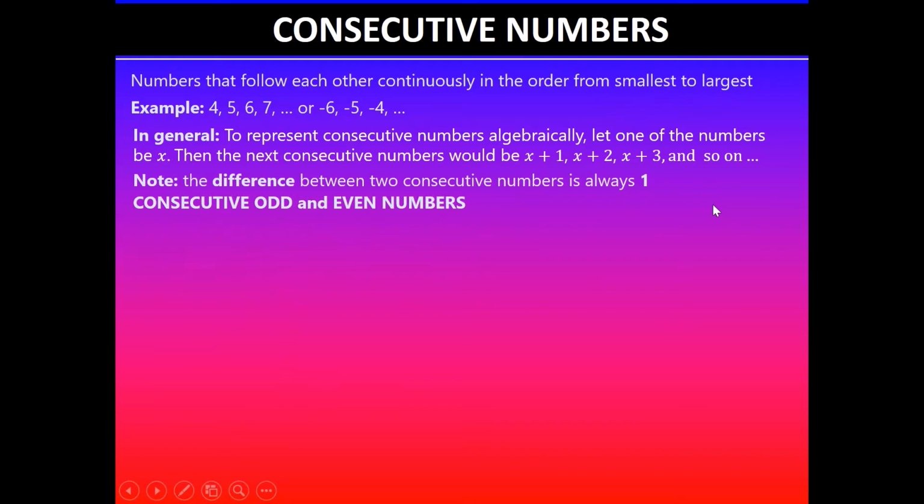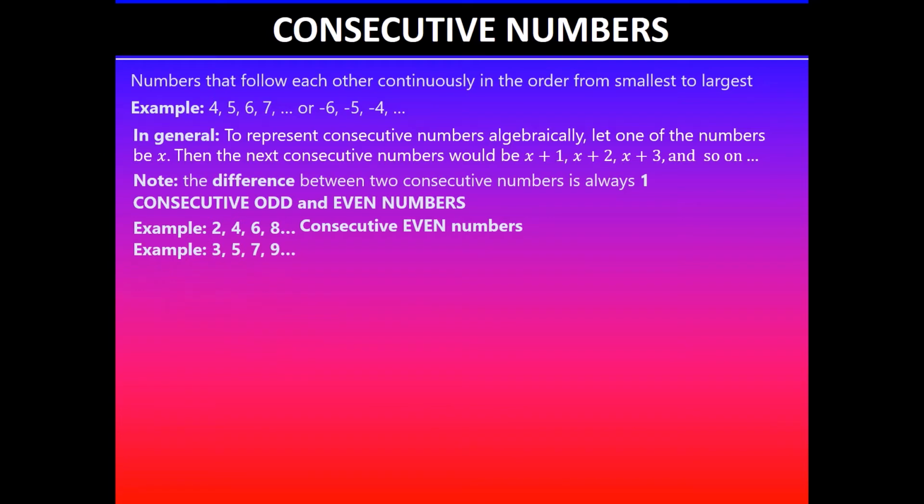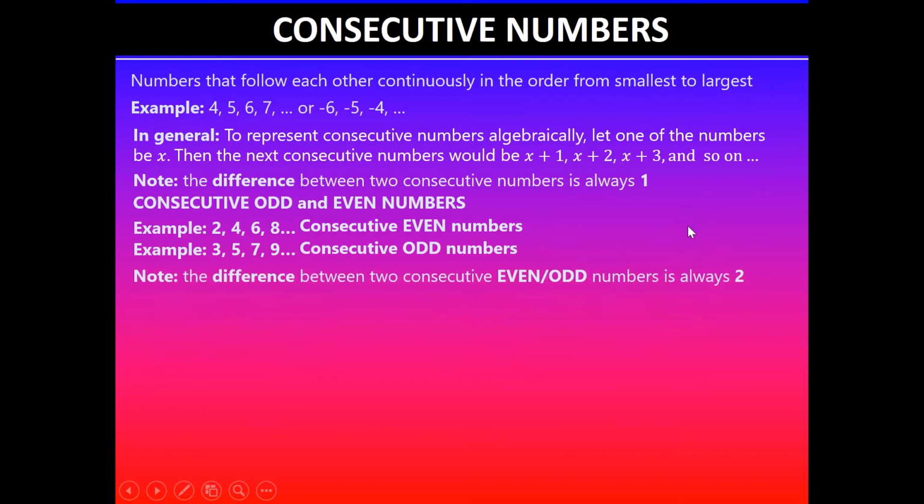We'll look at consecutive odd and even numbers. For example, if you're given 2, 4, 6, 8, etc., we know that these are consecutive even numbers. And if you're given 3, 5, 7, 9, etc., we know that these are the consecutive odd numbers. So if you carefully examine each of these consecutive numbers, you'll note that the common difference between these two consecutive numbers is always 2.